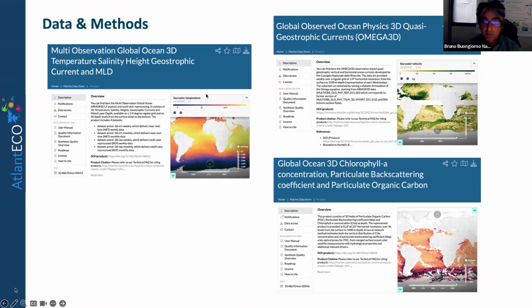And starting from Armor 3D, within Copernicus, I developed a product that, through some diagnostic equations in the quasi-geostrophic approximation, also provides vertical velocities and part of the geostrophic horizontal components. And so we combine these with the 3D POC fields that are provided by Raphael and Hervé.